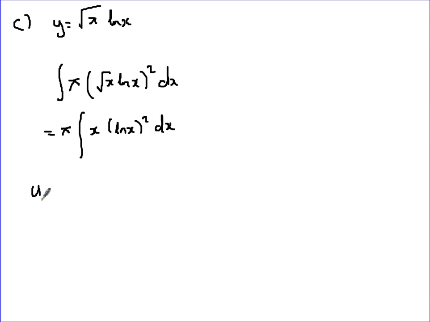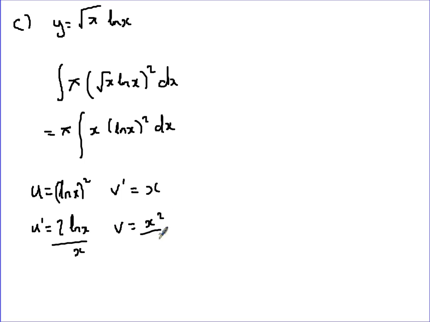We've got u to equal and we've got v' to equal. We already know how to differentiate this, so we're going to put this down as our u, and then our v' is x. So differentiating that, we've already done that, which is 2 ln x over x. If we integrate this then, that's x squared over 2.